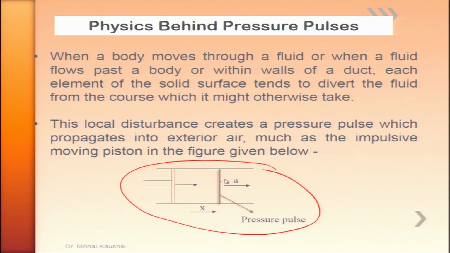Now, due to this pressure disturbance, since the property variations of pressure and density take place wherever this acoustic wave is passing, this information must be brought to the downstream side. That means, if the wave is stationary, then the upstream effect must be reaching the downstream side, and that travels at the sonic speed, that is the speed of sound.